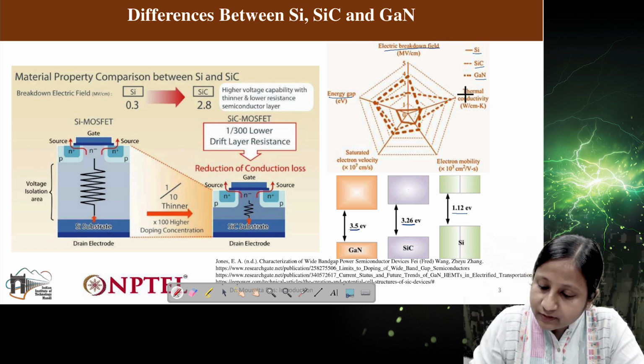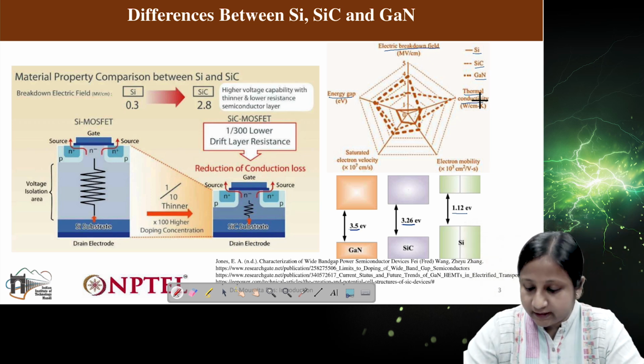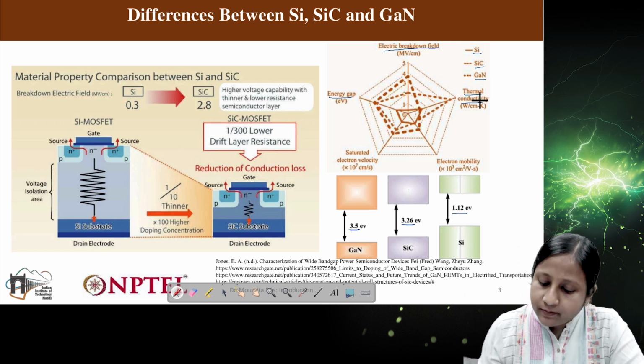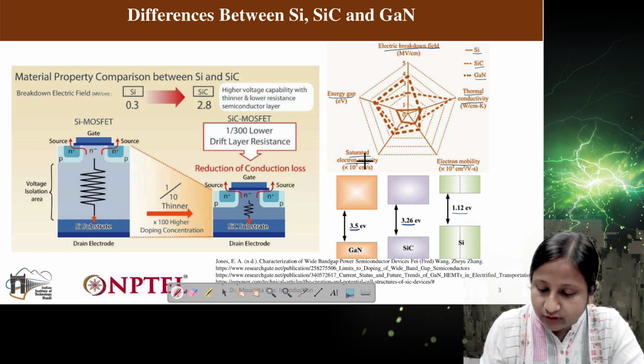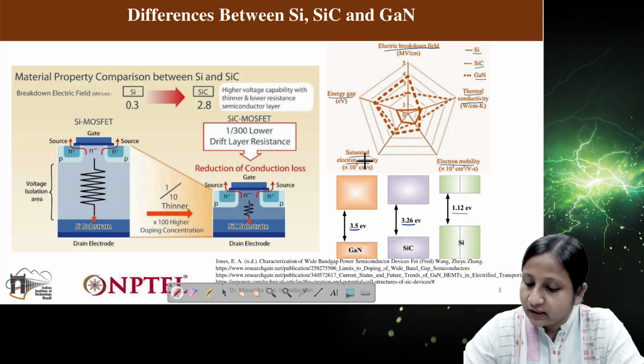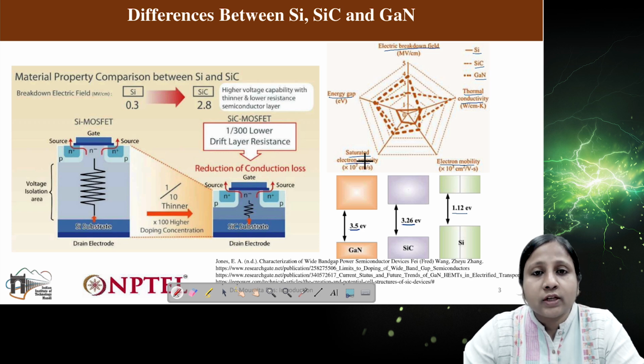The thermal conductivity is also higher than that of silicon. Likewise, the electron mobility and saturated electron velocity are also higher than those of silicon. So what is the need of these devices? Why do we need to consider these wide bandgap devices, or what are the advantages we may get?